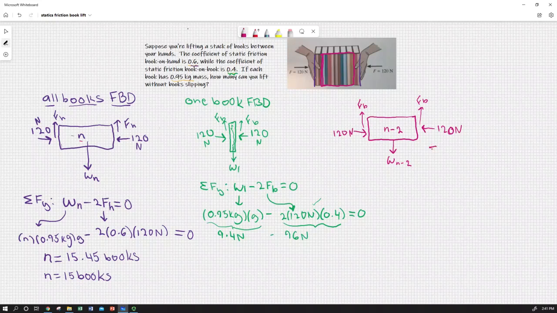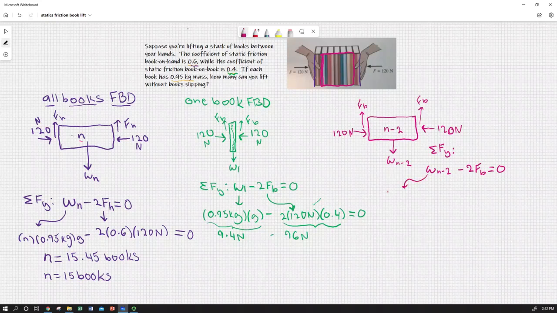We can do a sum of the forces in the y on our all-but-2 book FBD over here, and we can say the weight due to n minus 2 books minus 2 times the book-on-book friction force has to equal 0.